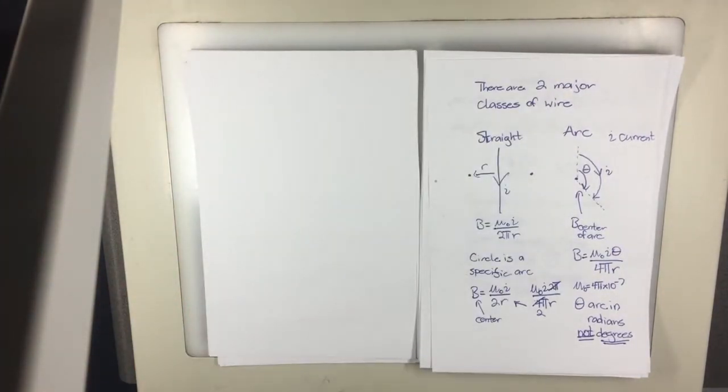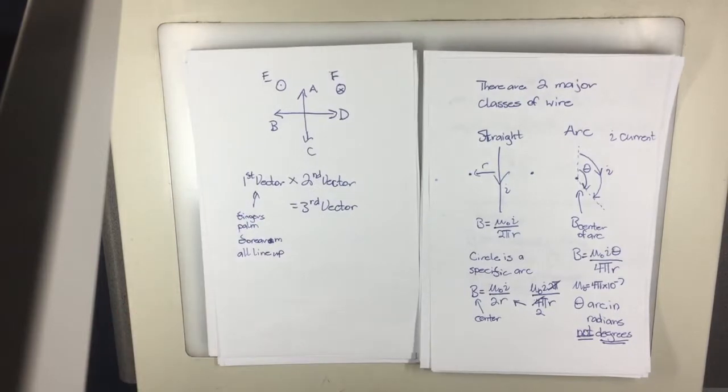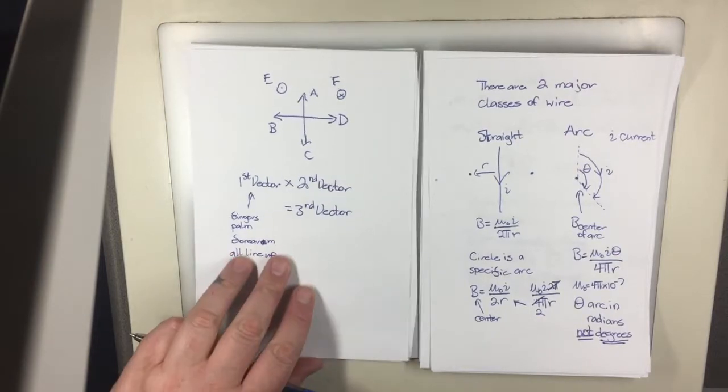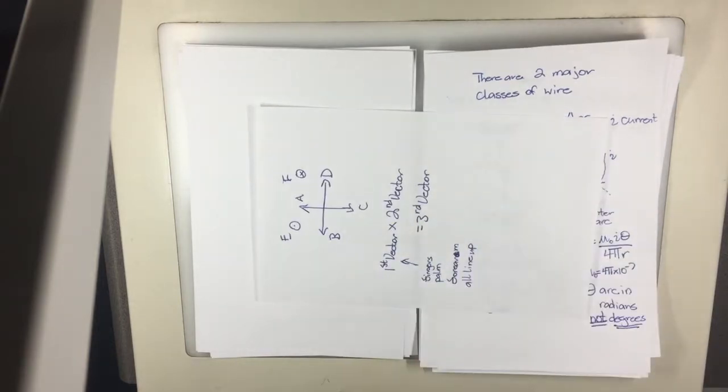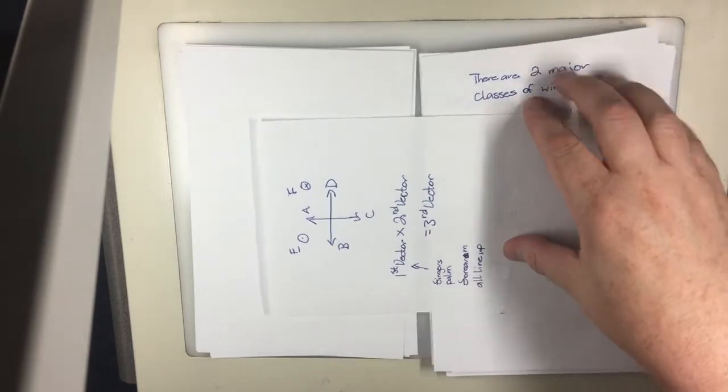The directions don't really matter. What does matter is that in the first vector, fingers, palm, and forearm are all in the same direction. So this is A, as written here. Notice how fingers, palm, and forearm are all in the same direction.